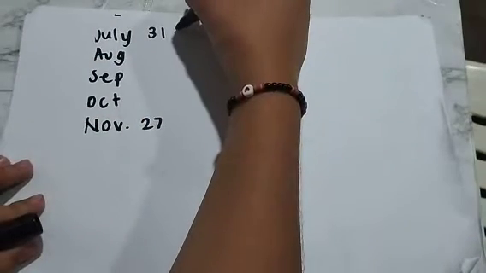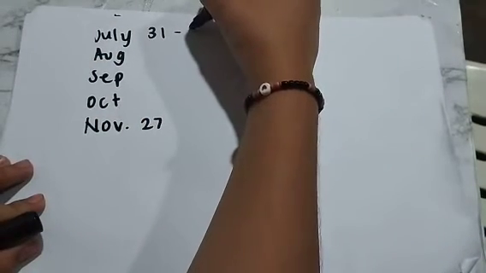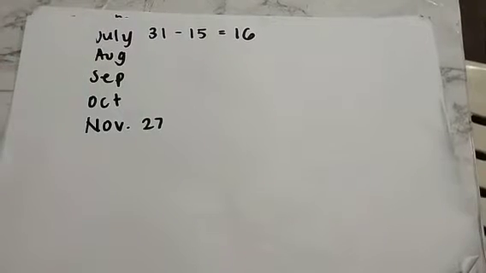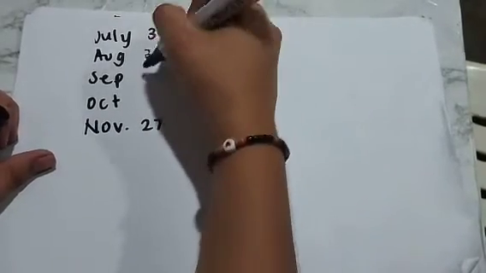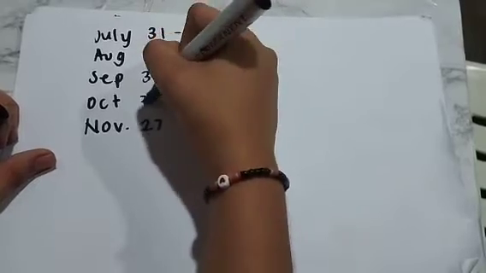So, ima-minus natin yan dito sa days ng month. That would be, so 31 minus 15 is equal to 16. Well, the rest, kukunin na lang natin yung eksaktong days kada buwan. So, dito sa August, 31, September 30, October 31.